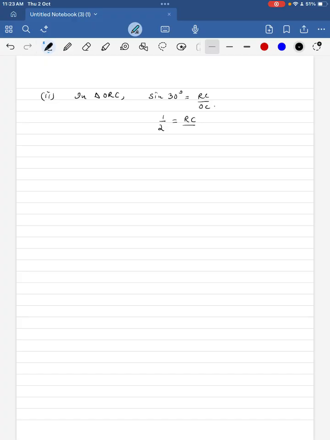And OC is the length of string of the kite at C, which is given to be 40 meters. So from this we can find RC as 40 divided by 2, which is equal to 20 meters. So kite C is at a height of 20 meter above the ground.